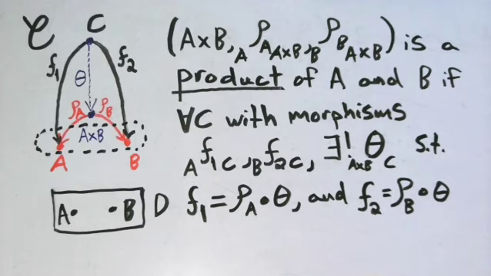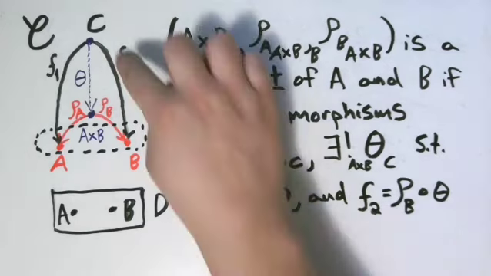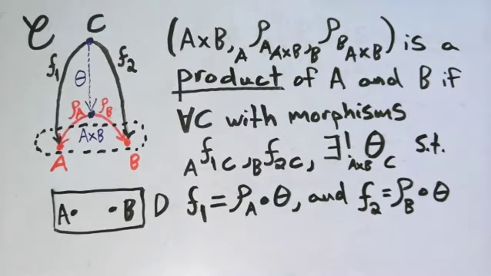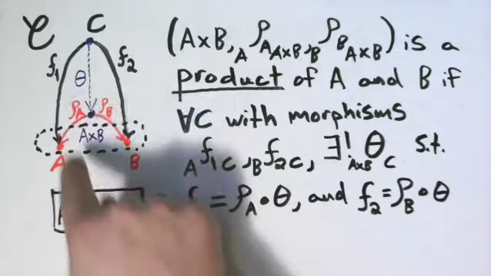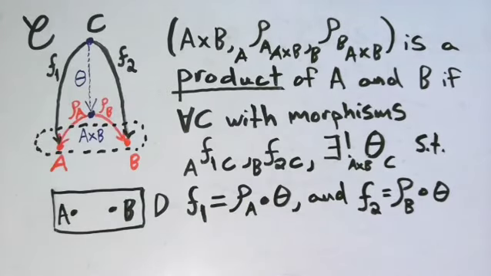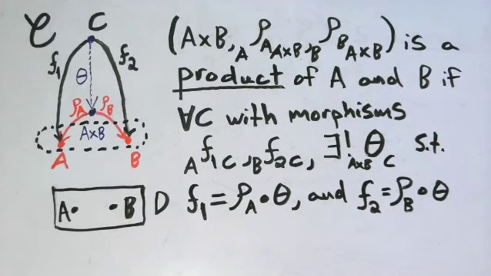A morphism in the cone category is a morphism going from the vertex of one cone into the vertex of another cone, such that all of the legs created by the two cones commute with that morphism. So with that in mind, let's rephrase this definition in the context of cones.